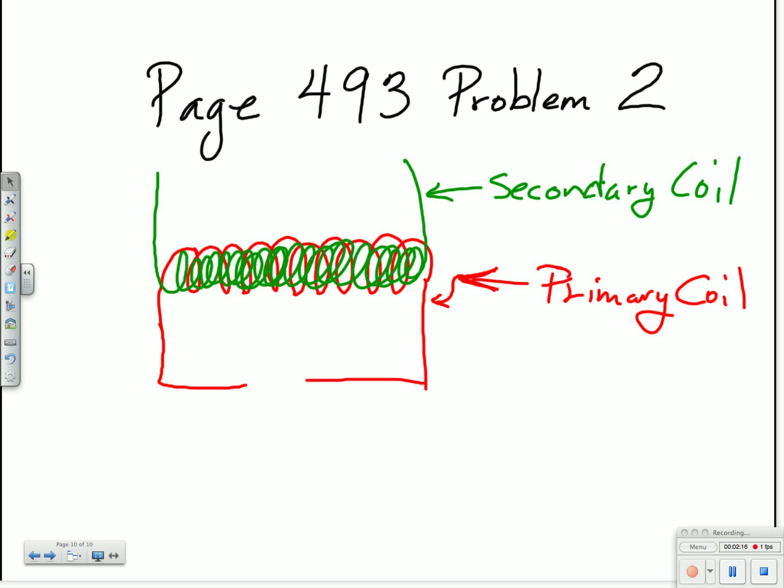Go ahead and draw ourselves this. So this is our volts AC. It's 12. We want to know how many volts AC is available at the secondary. So let's go ahead and complete our drawing here.